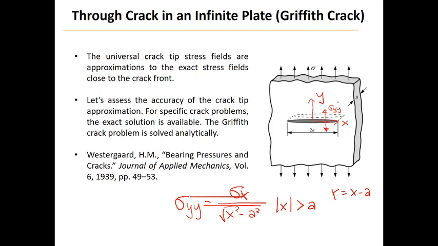In the universal crack tip stress field, our origin is right here, and we measure r from that point. So any point here is going to be x minus a. Now you can substitute r into this expression.